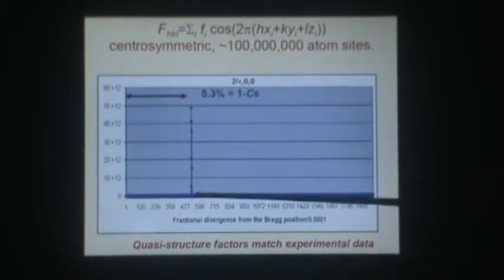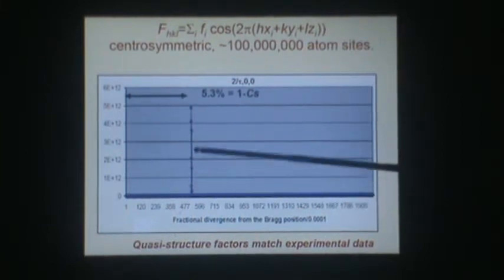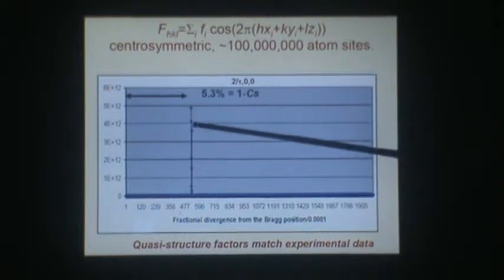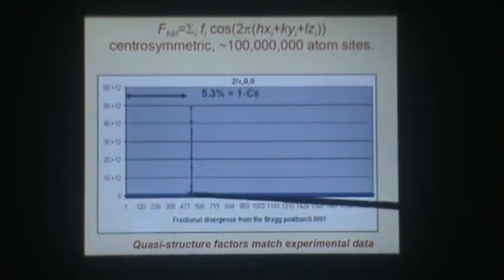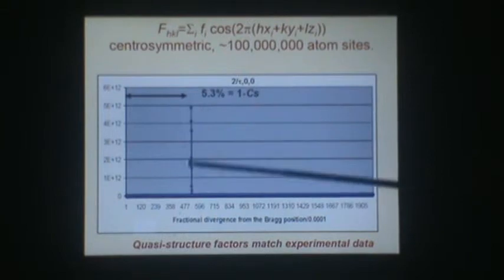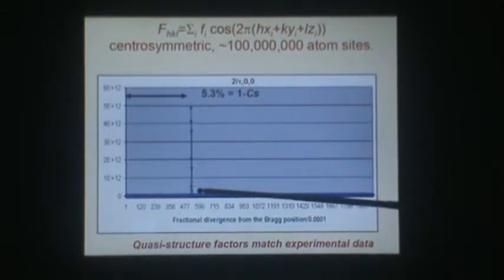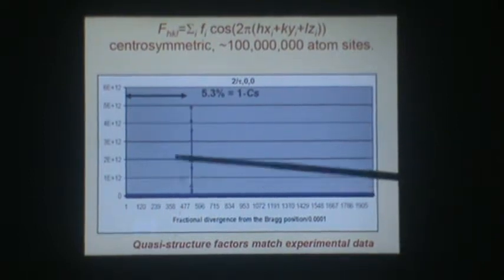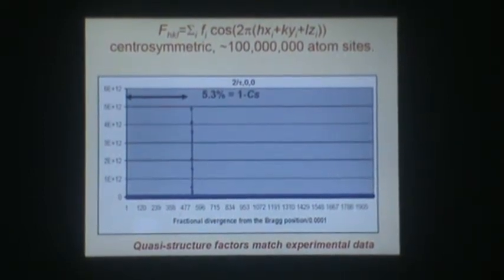There's a systematic reason for that. We'll come to it. Fourthly, when you square the structure factors, you calculate the relative intensities and they match experimental values very well indeed. It's confirming evidence. And fifthly, this divergence from the Bragg angle gives you the measured metric.